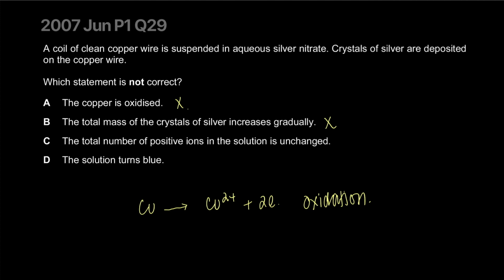Think about it this way. Law of equivalent exchange. Silver exists as a positive ion and it'll gain 1 electron to turn into silver and deposit on the copper wire, right? Now copper can give out 2 electrons.